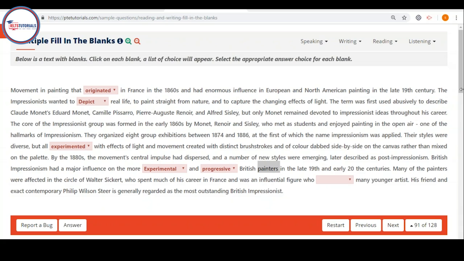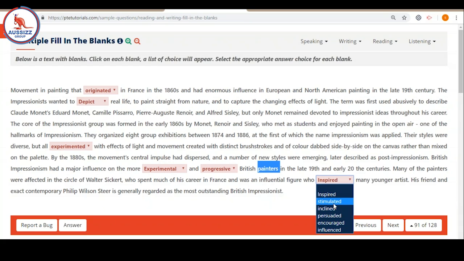But with his paintings, you are inspired. Other people see that person's work, and then someone else gets inspiration from that person. And who influenced many? No, influence does not go with the sense of this sentence. We have to choose only inspired many younger artists.